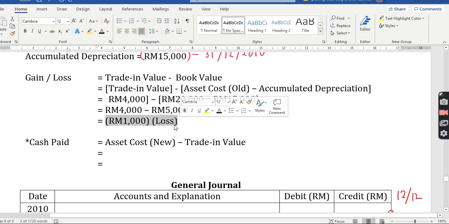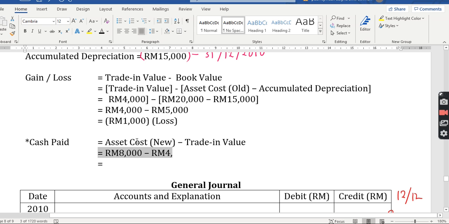So how much actually I need to pay to get the new machine? Okay, asset baru given in the question, the price is 8,000 ringgit, and that seller wants to buy my old asset with the amount of 4,000 ringgit. So that actually is your trade-in value.